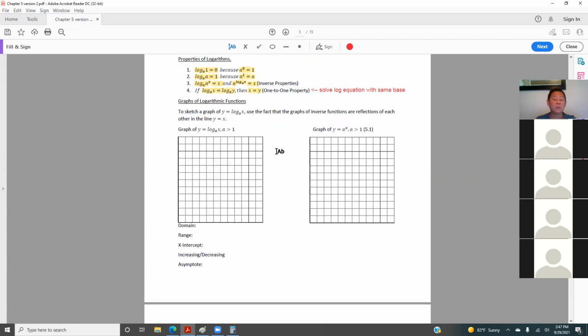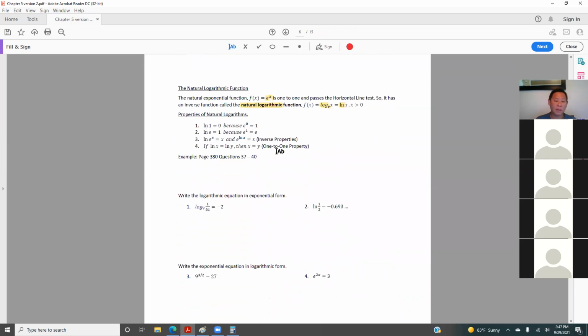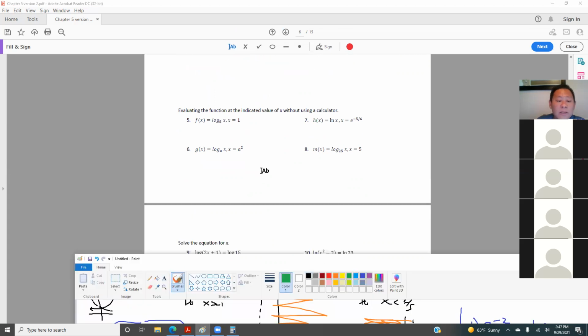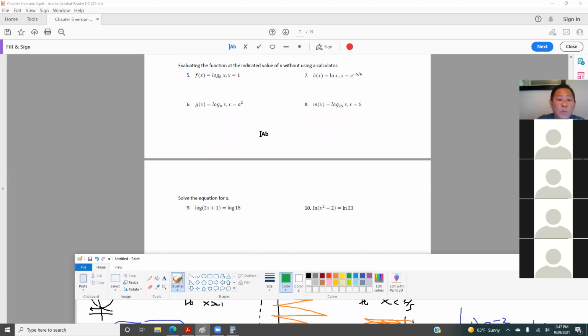Okay, so we will do some of these properties here. Same thing with the ln. Question number 5, figure out what this is. For question number 5, we are given that x is 1.